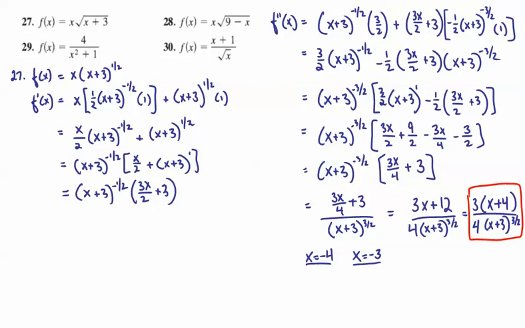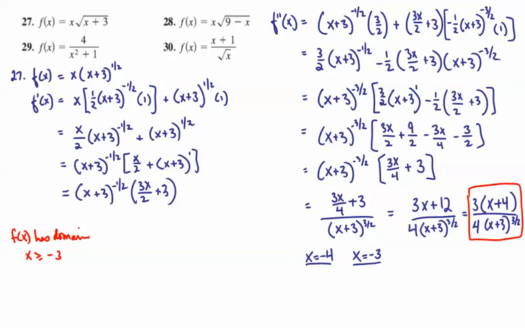So let's talk about the domain of this function, x times square root of x plus 3. The domain has got to be x values greater than or equal to negative 3. So this function has a domain where x values have to be greater than or equal to negative 3.